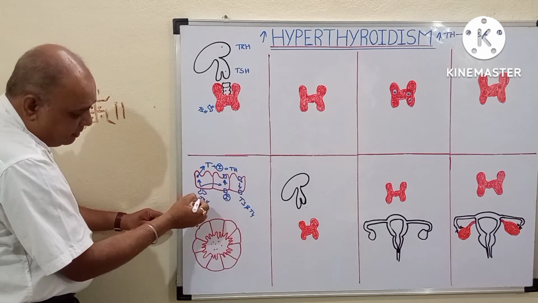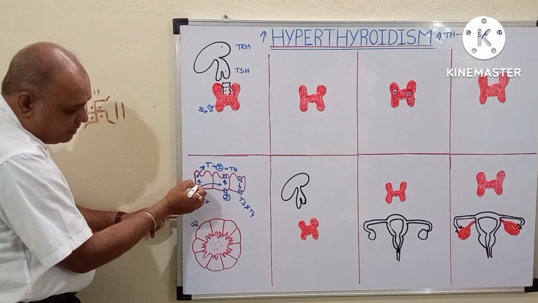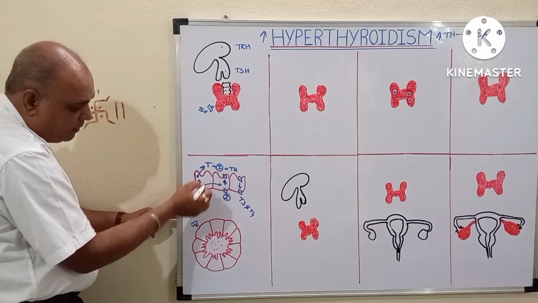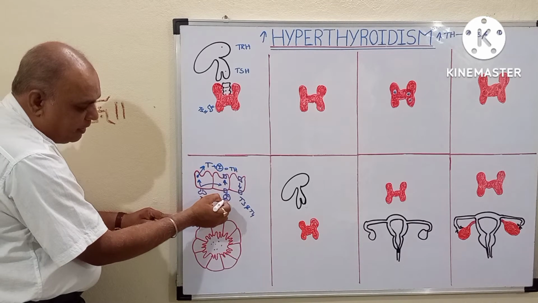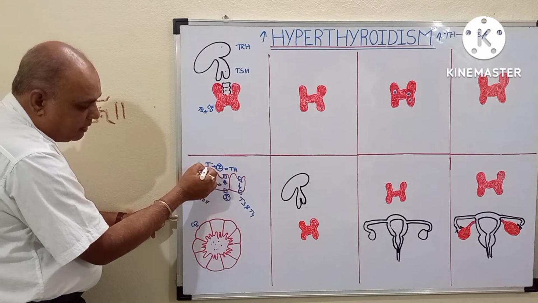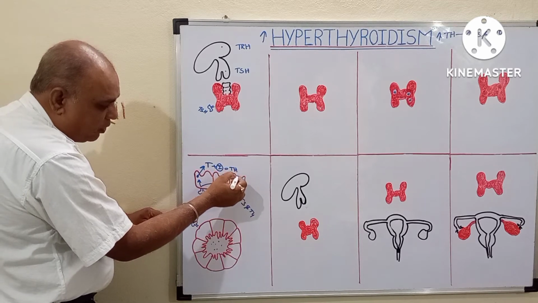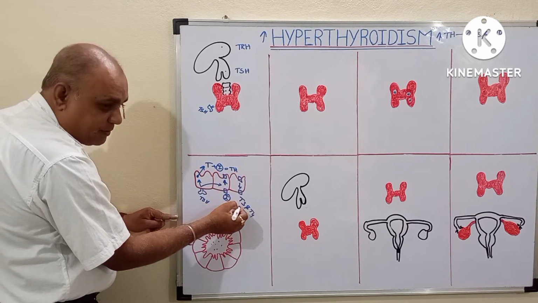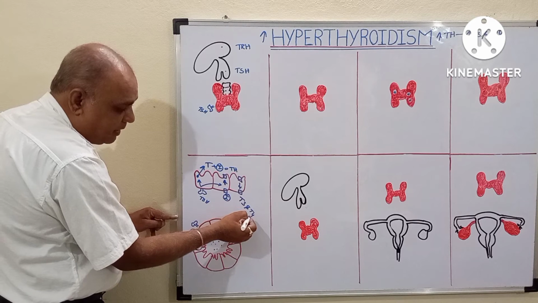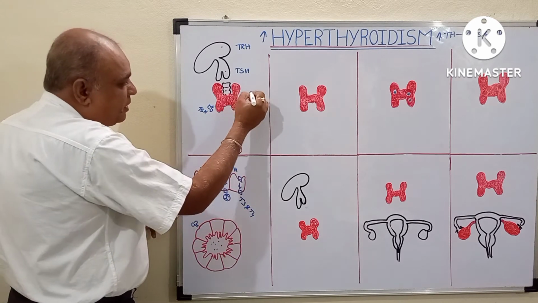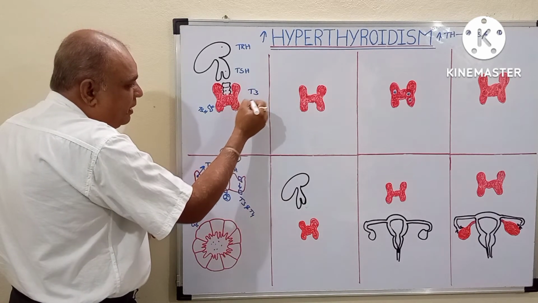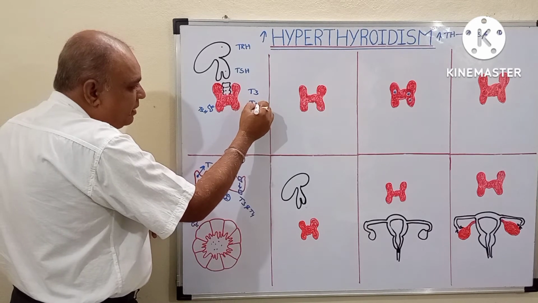The receptor stimulates thyroglobulin, also stimulating iodine to get into the lumen. Thyroglobulin plus iodine gives rise to thyroid hormone, which gets into the bloodstream in the form of T3 and T4. That's what the thyroid gland secretes, T3 and T4.